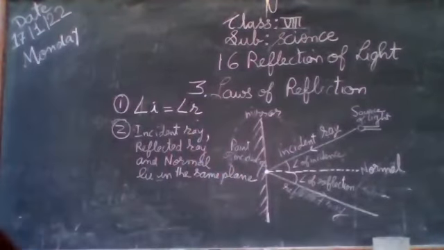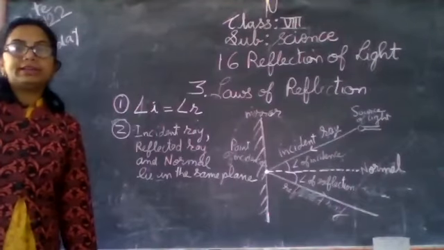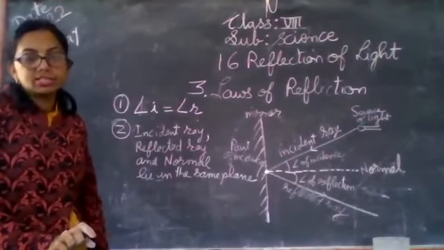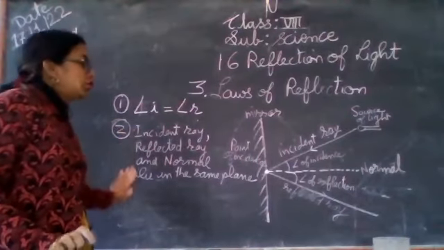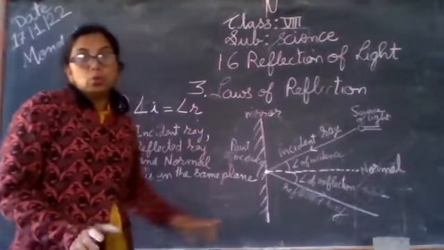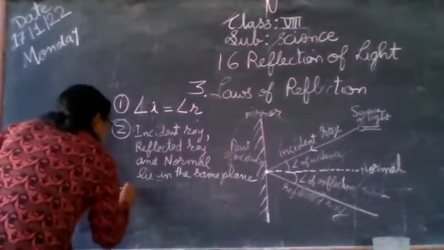You can't say that the incident ray is falling somewhere, the reflected ray is coming from somewhere, and the normal is somewhere else. It is not like that. All these 3 should be in the same plane. You can see here how all 3 are in the same plane.